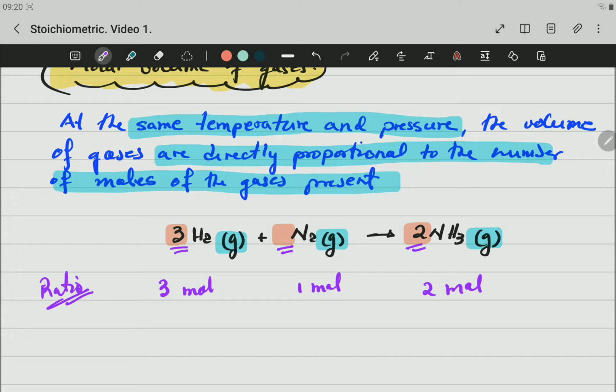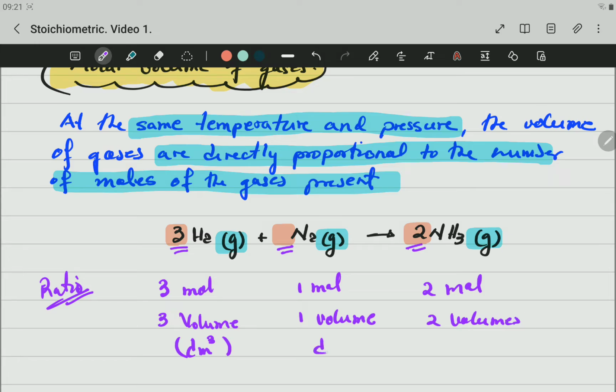So we can say that 3 volumes, and the volume could be in cubic decimeters, or cubic centimeters, or cubic millimeters, it doesn't really matter. What I mean is that the ratio must be accurate with the same unit of volume that we are using. So 3 volumes of hydrogen will react with 1 volume of nitrogen to produce 2 volumes of ammonia.